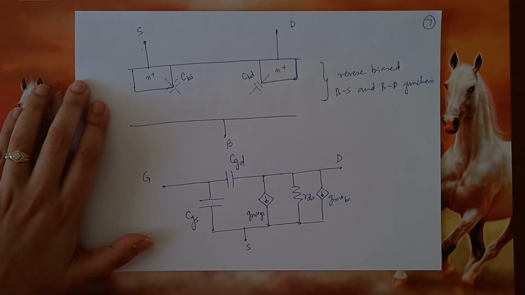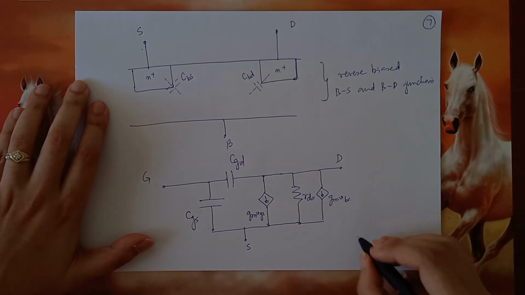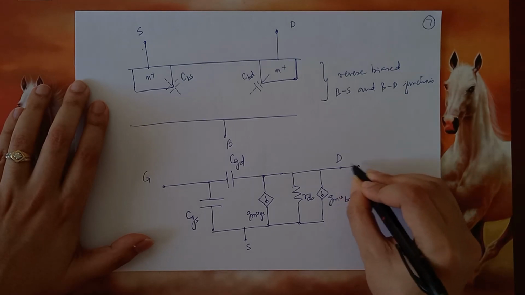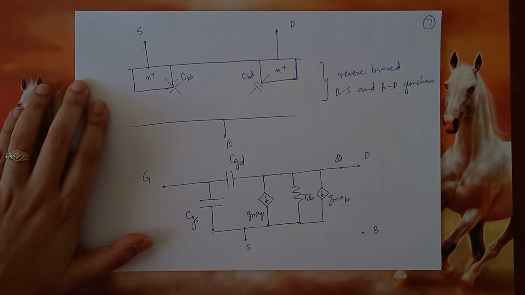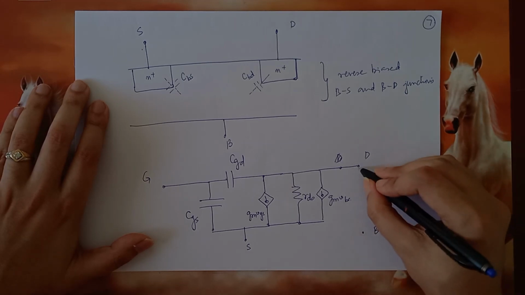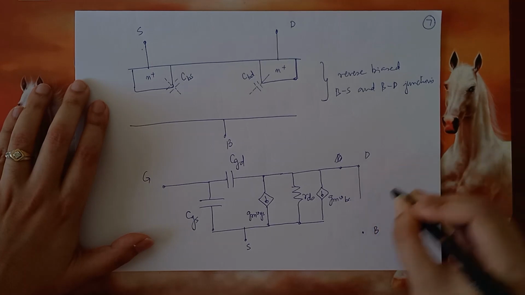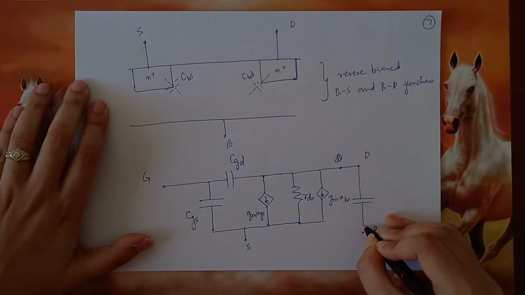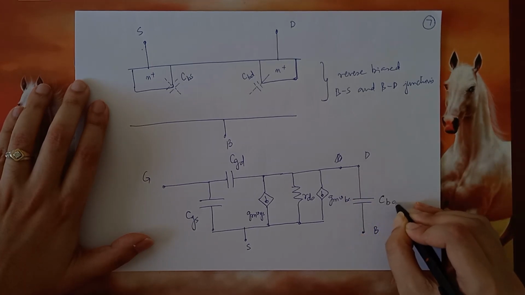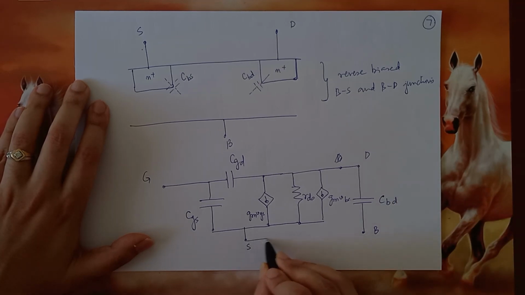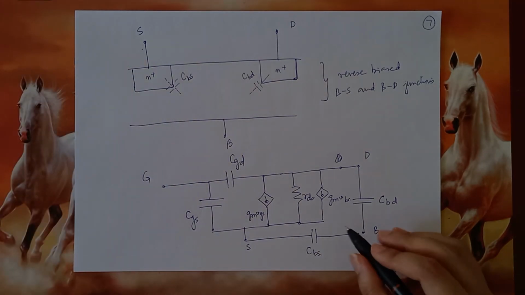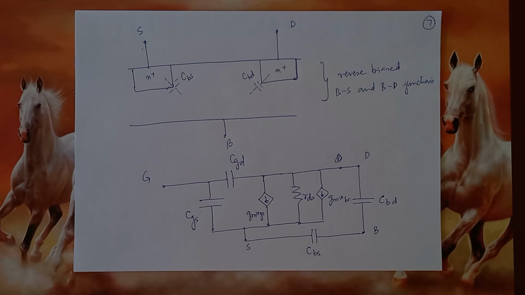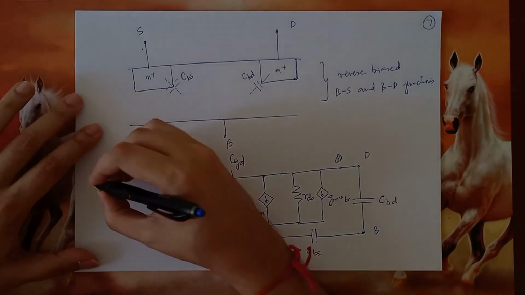If you were to define another terminal called the body terminal over here, you will find this capacitance, which is CBD, and one capacitance over here, that is CBS. This is the complete small signal RF model of the MOSFET.